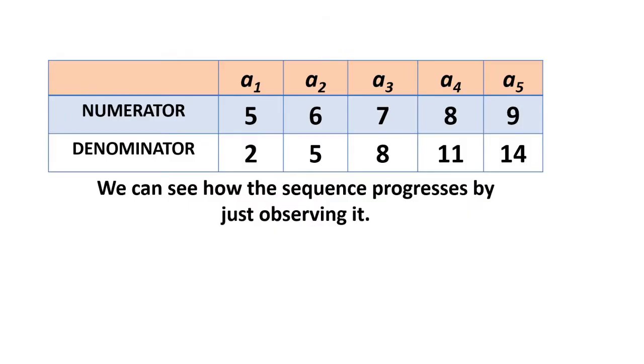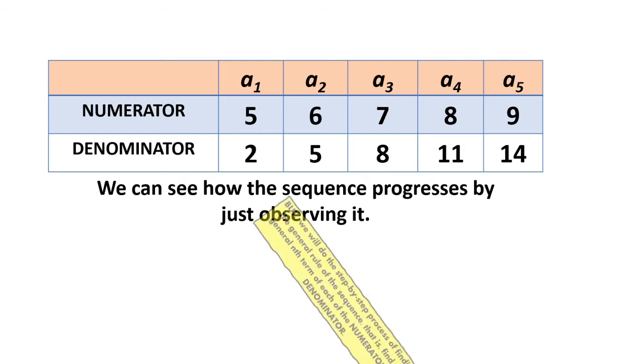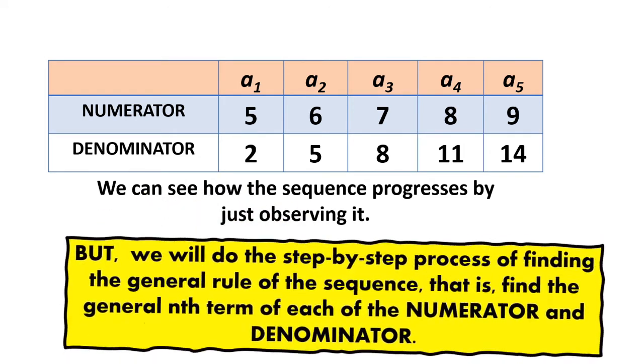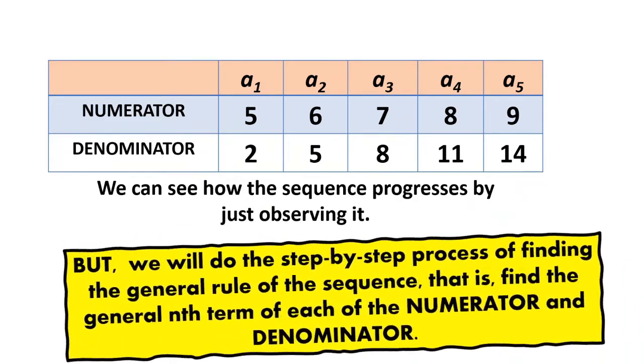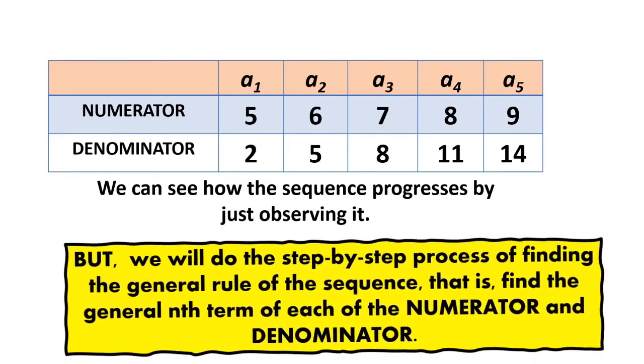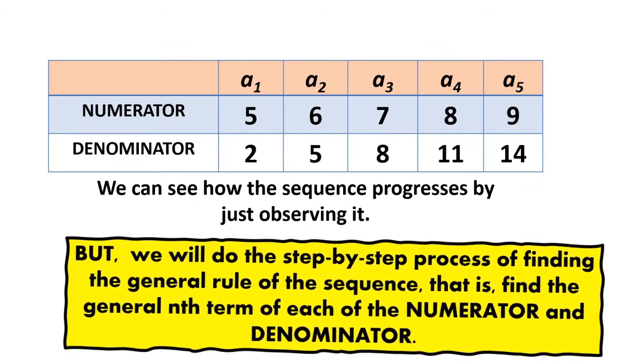We can see how the sequence progresses by just observing it. Kung mapapansin ninyo, ang numerators ay nag-i-increase ng 1 at ang denominator naman ay nag-i-increase by 3 habang tumatagal. Pero, we will do the step-by-step process of finding the general rule of the sequence. That is, find the general n term of each of the numerator and the denominator.